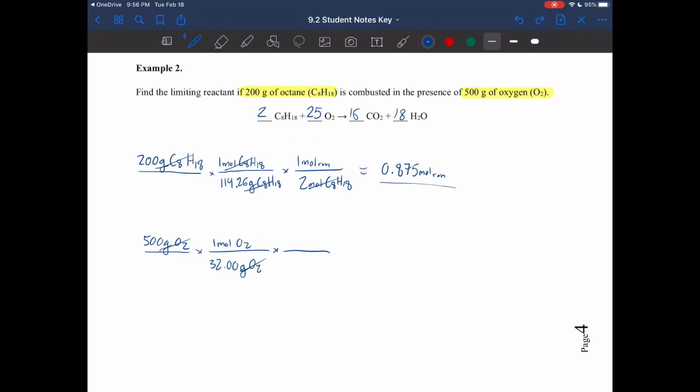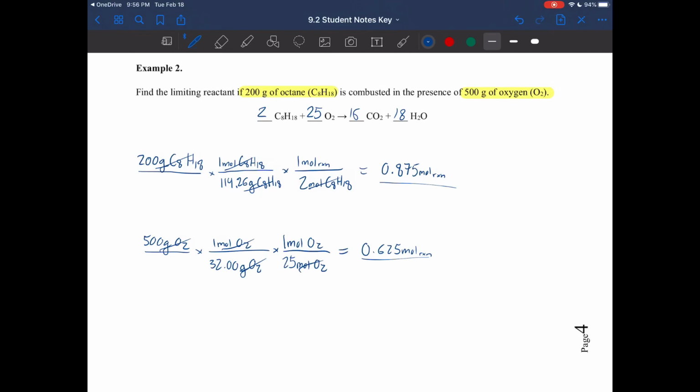Looks like it's right there. 25 moles of O2 are used up in every 1 mole of reaction. So moles of O2 cancel, and we can now plug this into our calculators. Let's see, 500 divided by 32 divided by 25. I'm getting 0.625 moles of reaction.